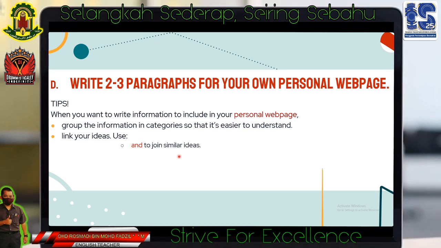And then you can also use the linking word but. What is but in PM? Yes, tetapi. We use but to join two opposite ideas. Kalau and similar, sama. Kalau but, opposite pula. Dua pendapat berbeza. Okay.